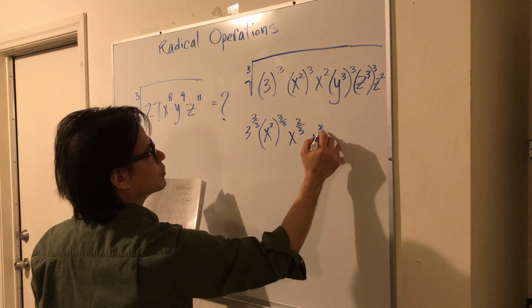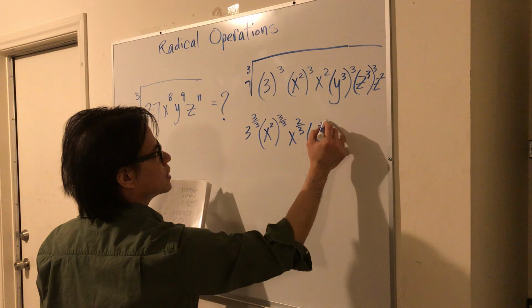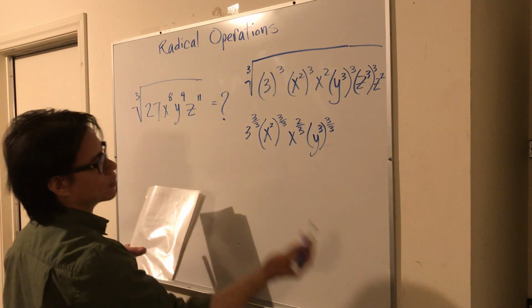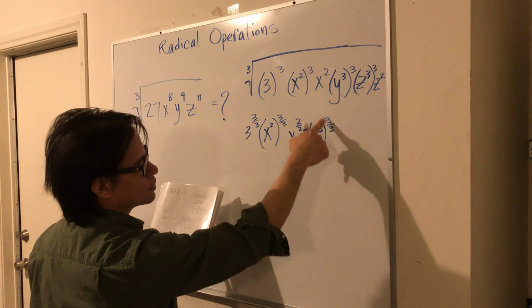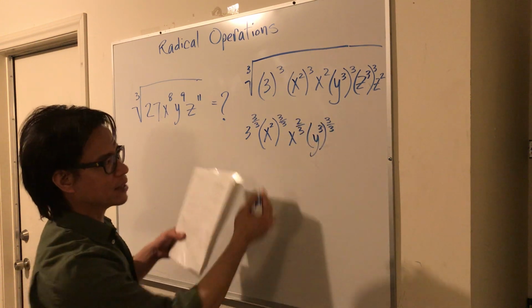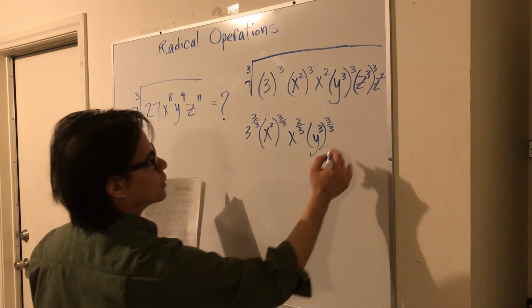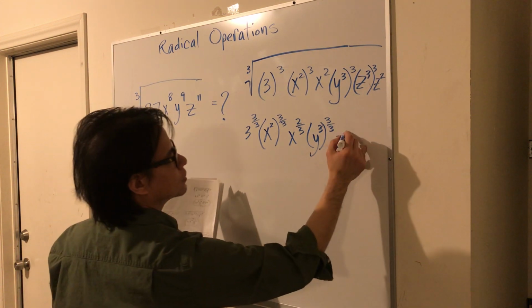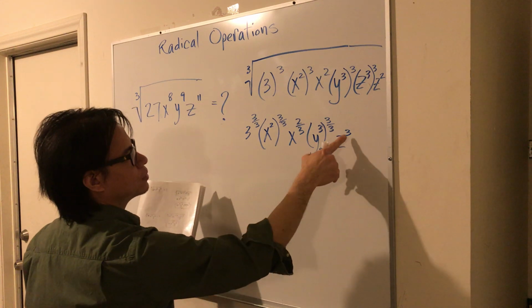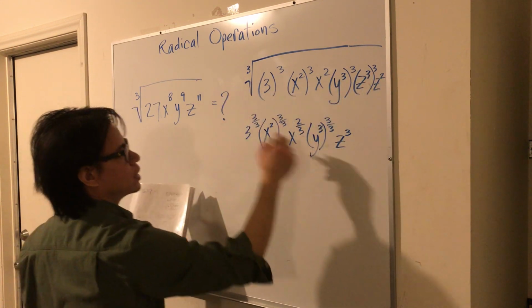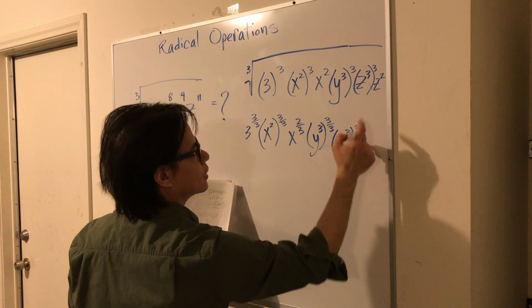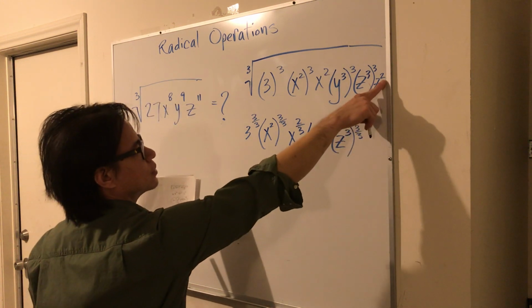I'm writing a lot of these numbers so that you can see exactly what's going on. Once you get comfortable with this, you can just not write the 3 over 3, say it's a 1 and call it a day. But for now, let's write down everything we can. So here we have z to the 3rd over 3, and then last we got z to the 2 over 3.